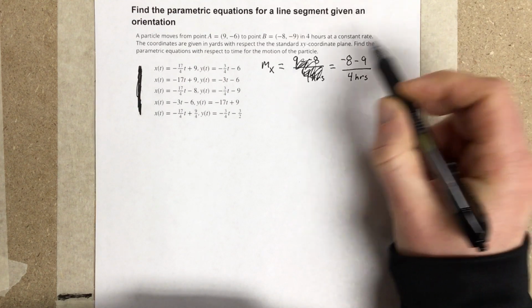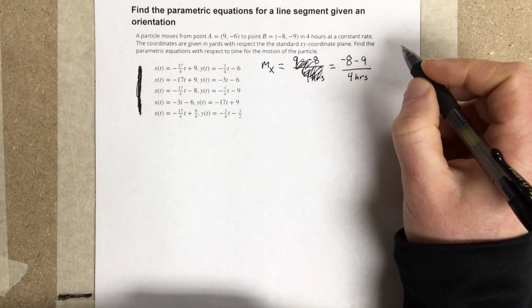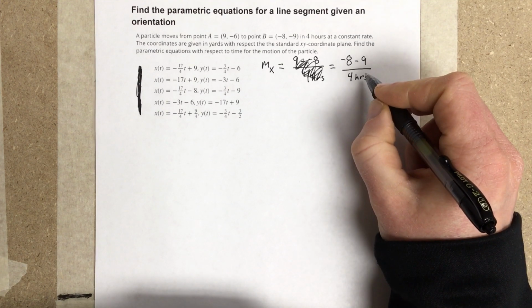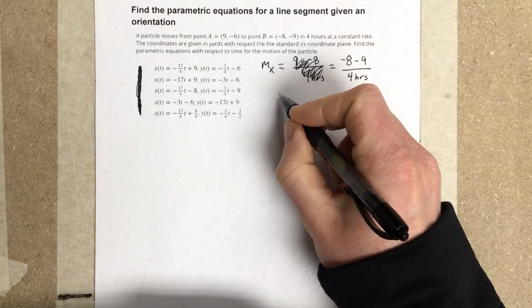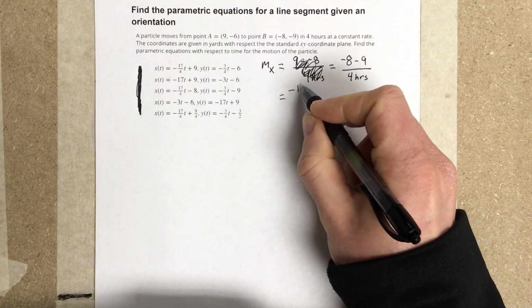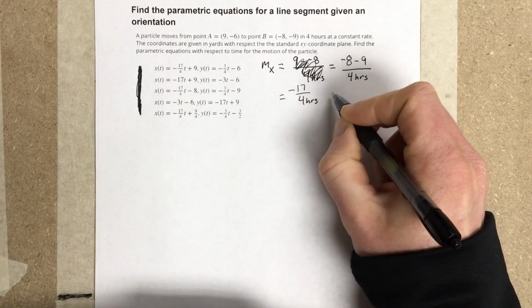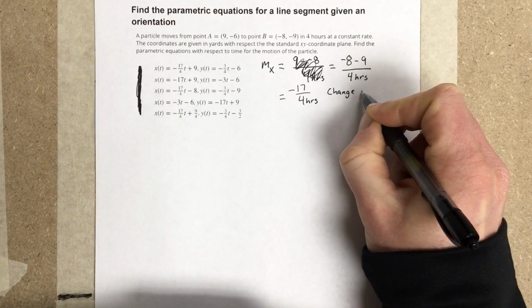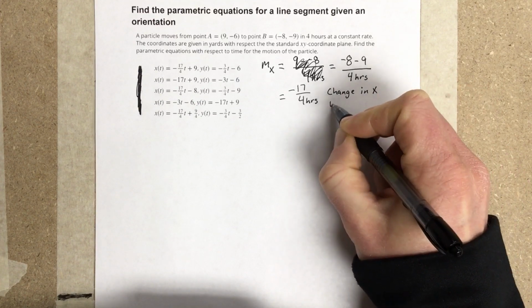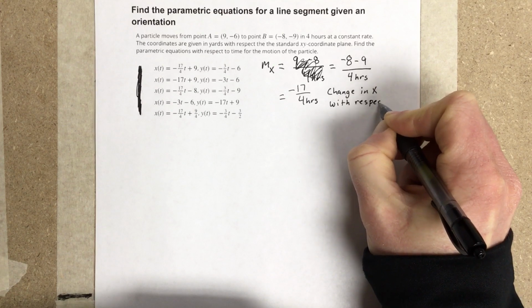I'm doing a slope of the x coordinate with respect to time, so this is like an x over t slope. When I find this, I end up with -17 over 4 hours, and this is the change in x with respect to time.